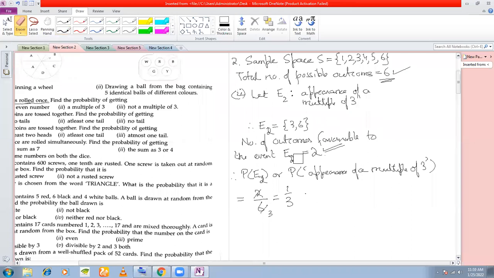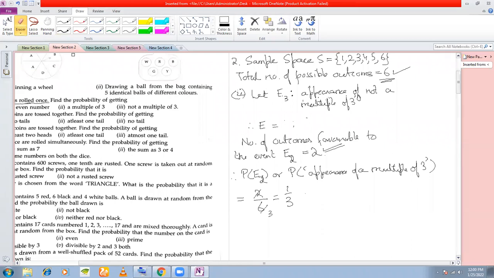The next question is: not a multiple of 3. So I define this event accordingly. My sample space remains the same because my experiment is not changing. I define the event E3 as appearance of not a multiple of 3. What is my event E3 here?